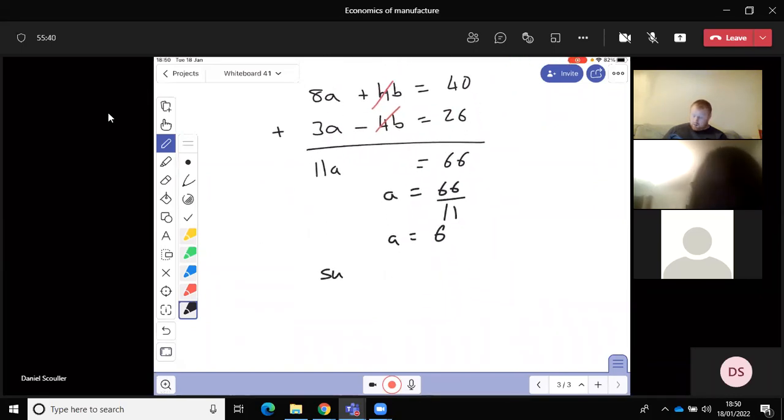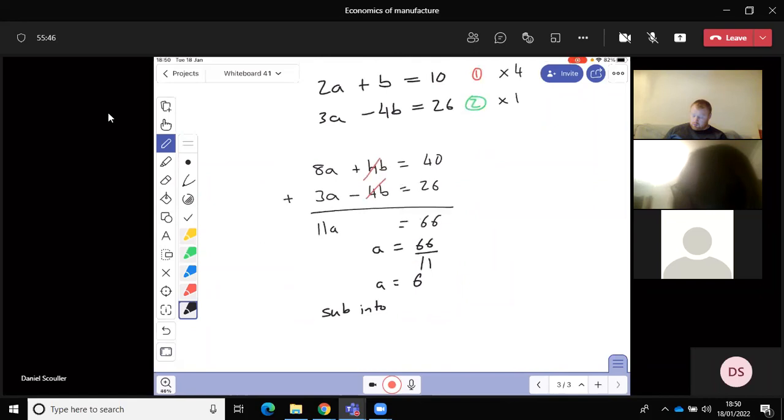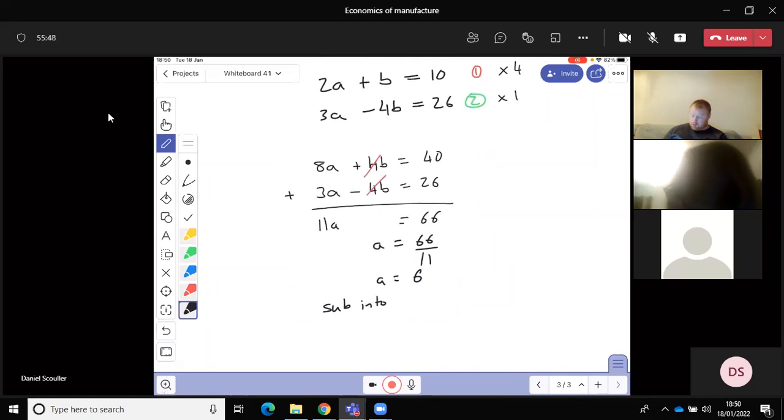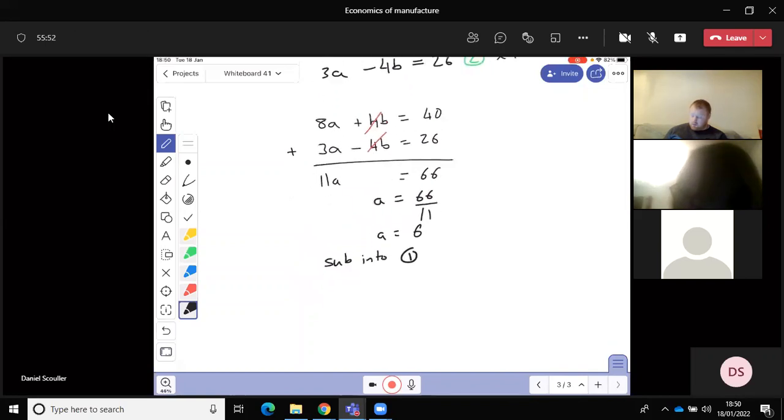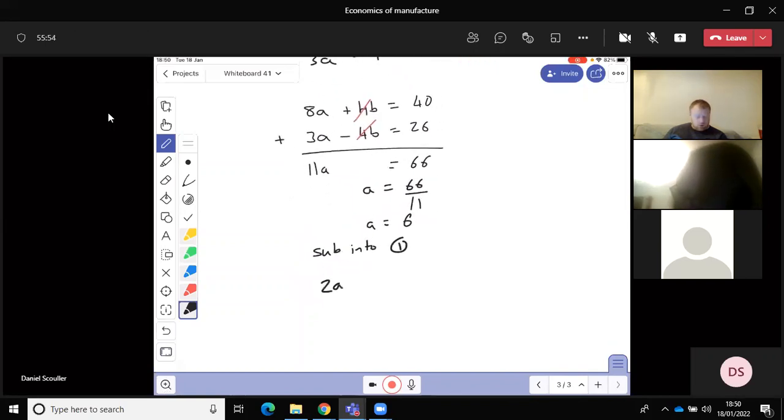Substitute that into 1 or 2. Substitute that into equation 1, it just works a wee bit easier. You've got 2a plus b equals 10. Wherever there's an a, we'll substitute in the number 6, plus b.